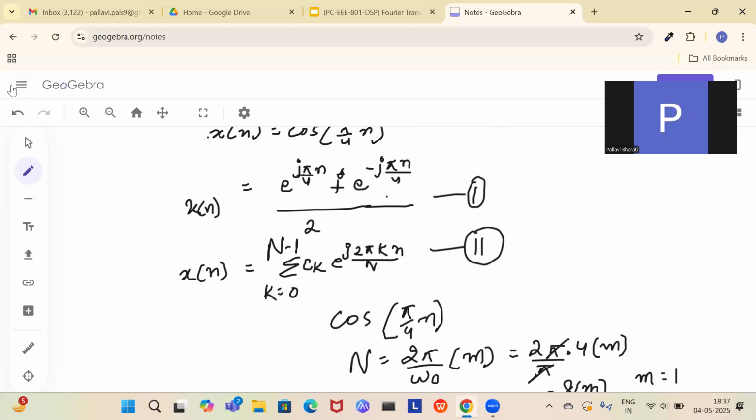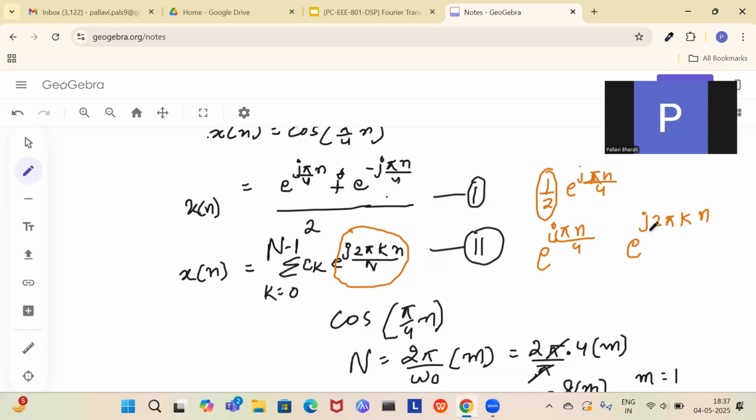This half, 1 by 2, is your amplitude, and this part, e to the power j pi n by 4, if you compare it with this part, then what you will get is e to the power j 2 pi k n by N.